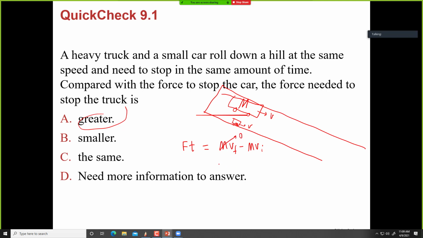Time is also the same. That means force depends on mass. So for both, velocity is the same, time is the same. So this force depends on how big the mass is. The bigger the mass, the more force you need to stop it. Okay.